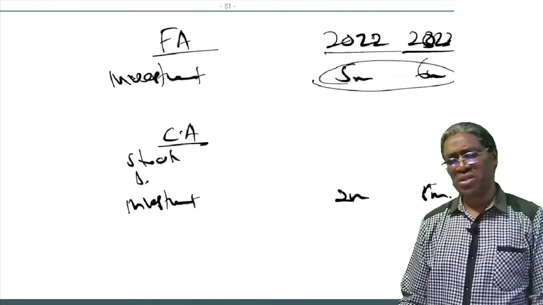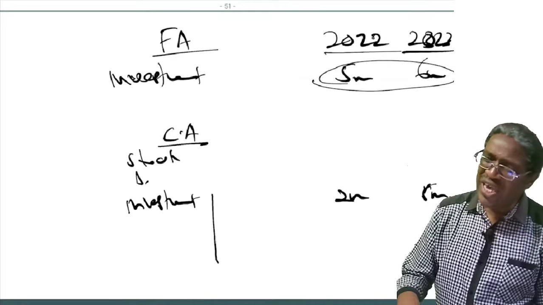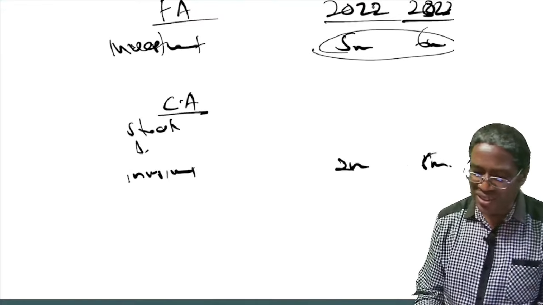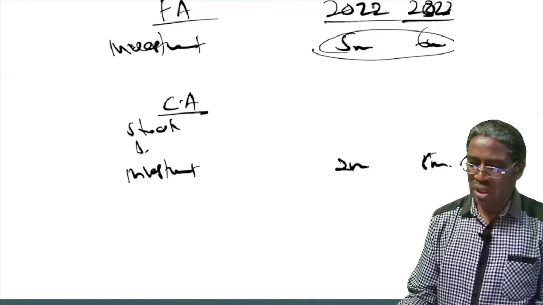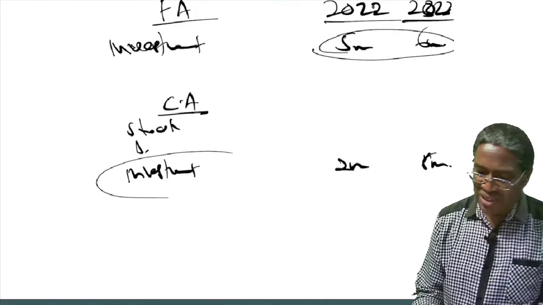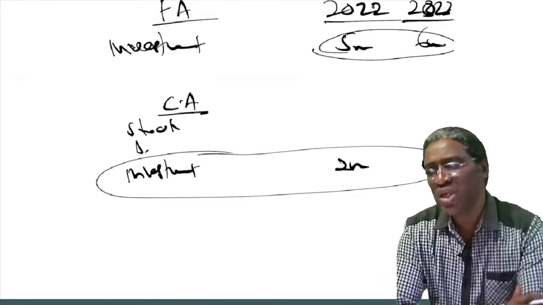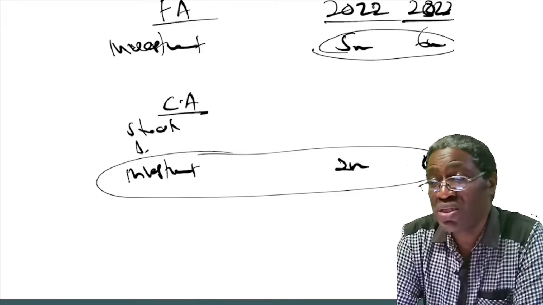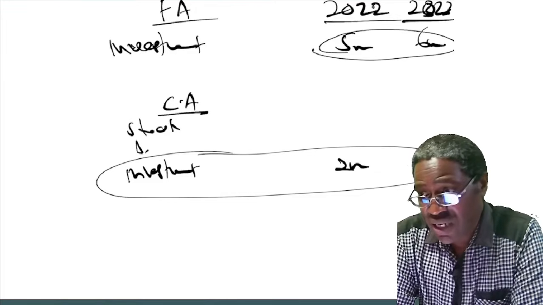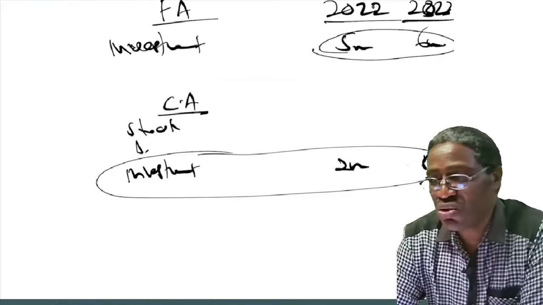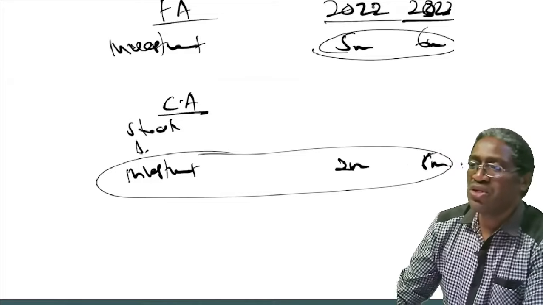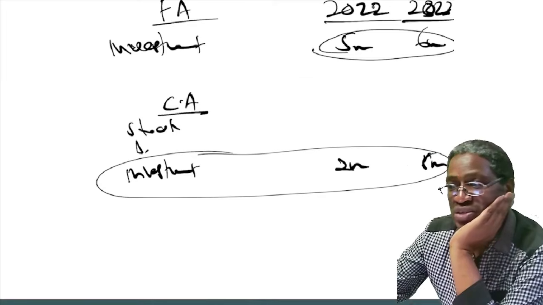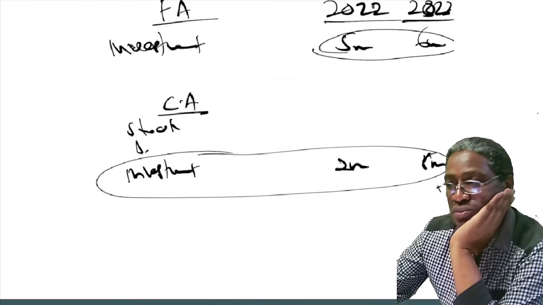But my question is, how are you treating any investment which is among the current assets, when it comes to cash flow? Somebody talk about that in a short while. How are you treating any investment among the current assets?